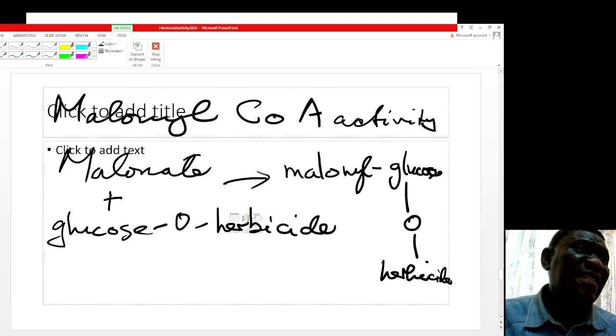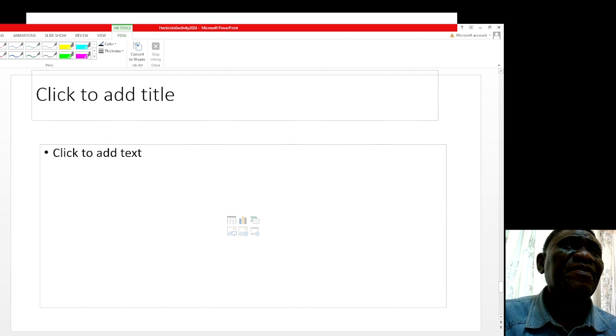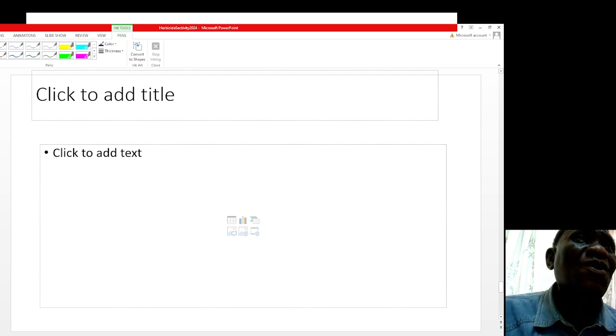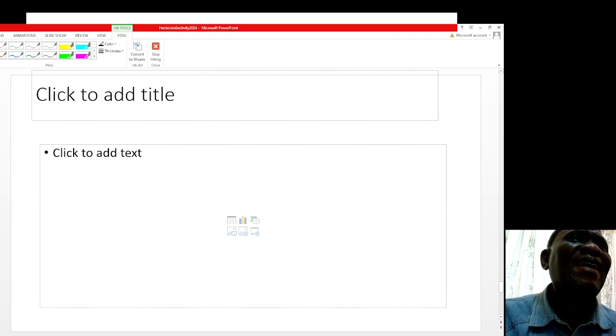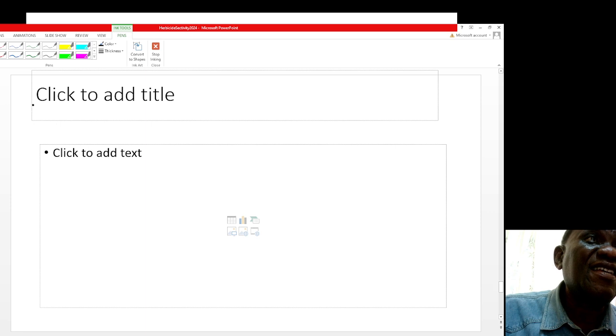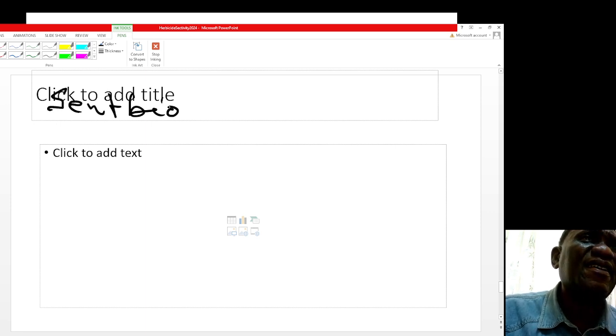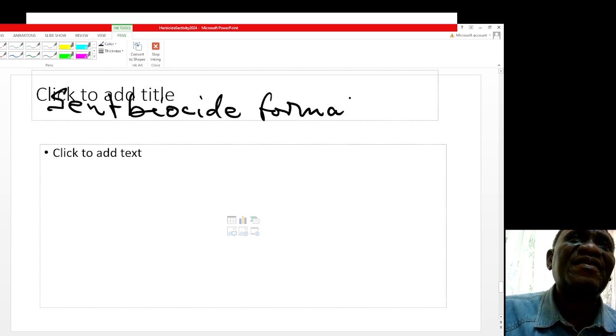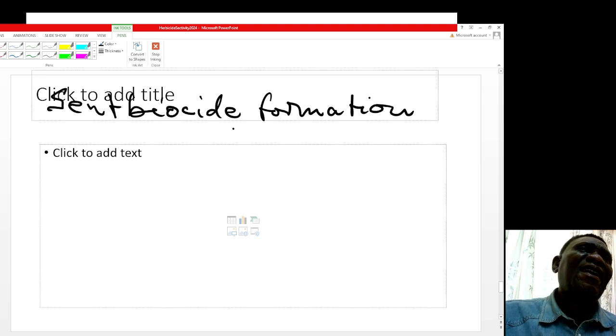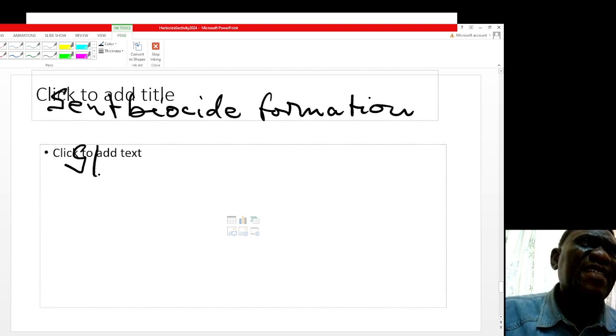We also have another situation where what are known as chained biocides, chained biocide formation. In this case, we are adding glucose.